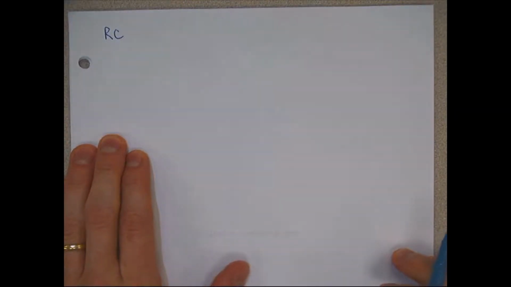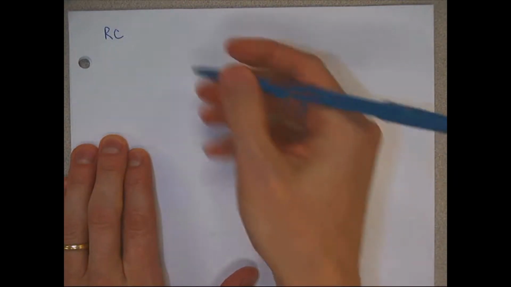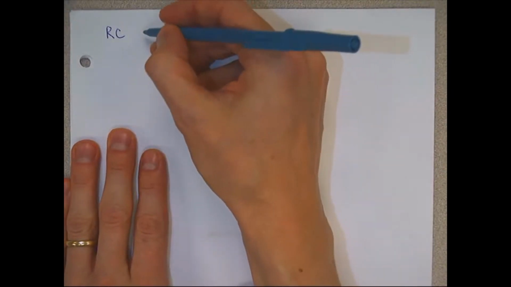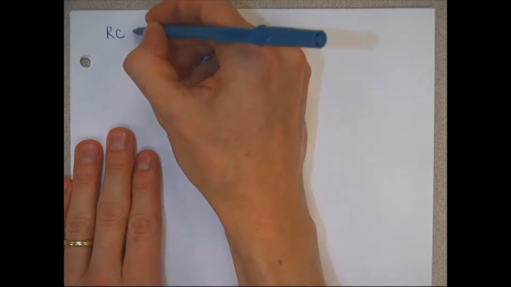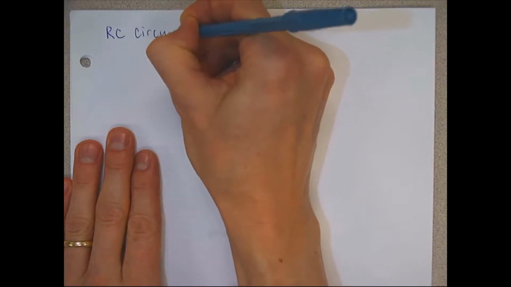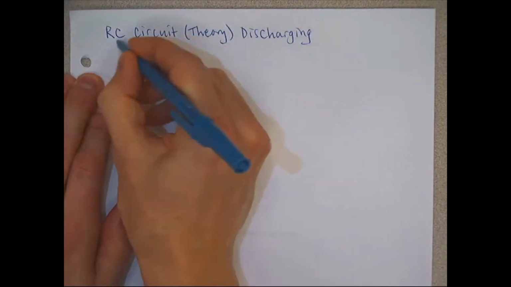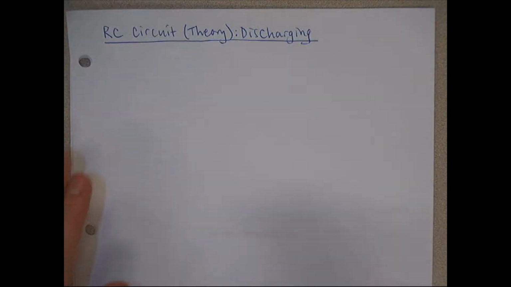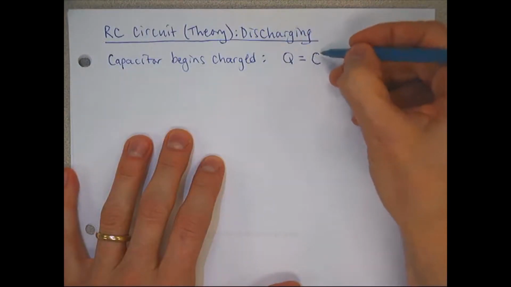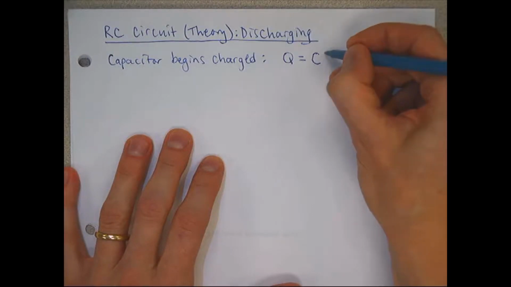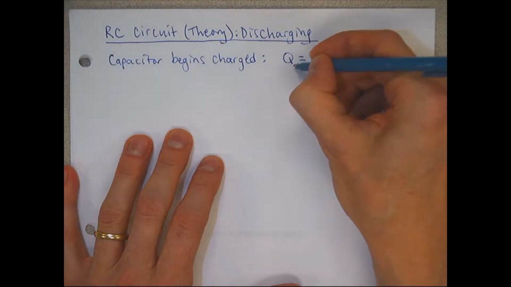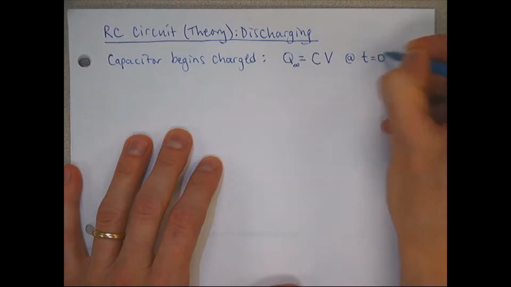We've seen the charging RC circuit theory. I'll briefly run through the discharging circuit theory. We have to begin with a charged capacitor. Q is equal to CV from the battery at t equals 0.